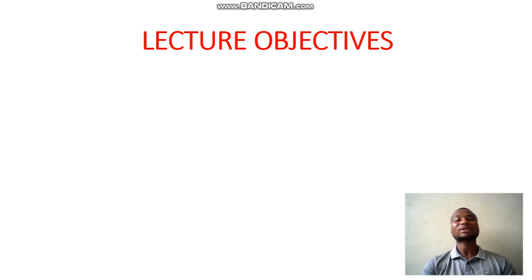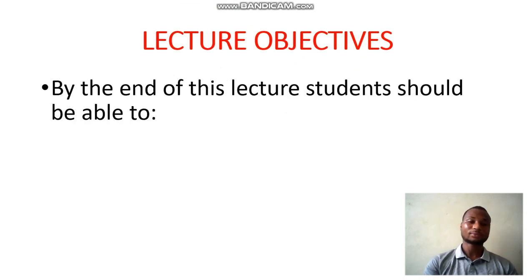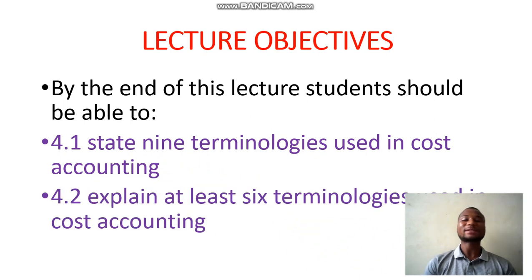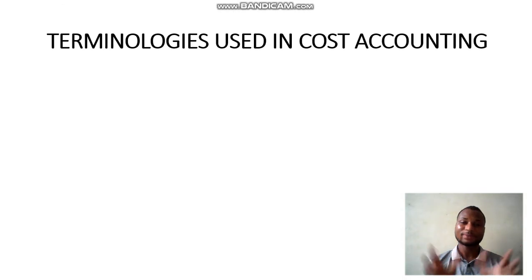Now, by the end of this lecture, what do we intend to achieve? 1. We intend to be able to state at least 9 terminologies that are used in cost accounting. We should be able to explain at least 6 terminologies used in cost accounting. Like I said earlier, terminologies means terms, words, phrases that are used in a particular area.